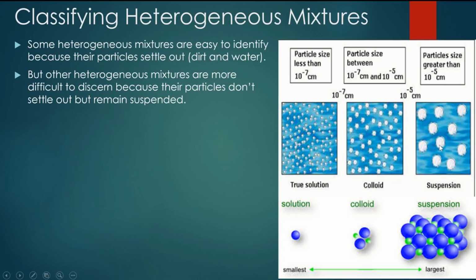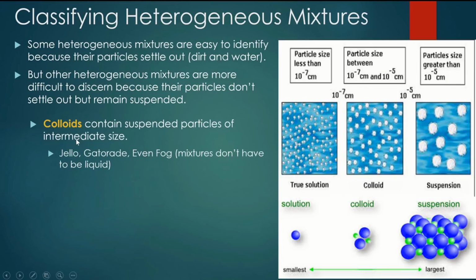And finally, you get to a suspension, which are going to be very large particles, greater in size than 10 to the negative 5th centimeters. So you can almost see these with the naked eye. Here's a large cluster of individual atoms and ions that are not dissolved, and they would make up a suspension.